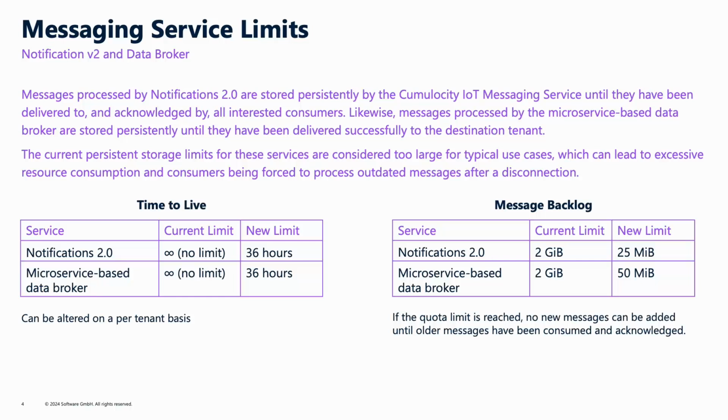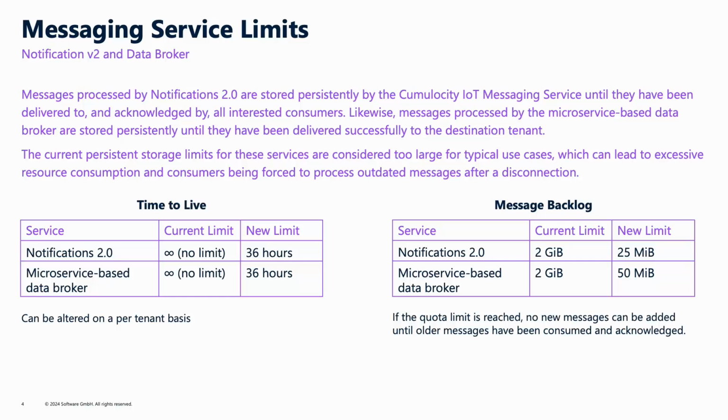Time to live. So this means that if messages are not consumed by the consumers in 36 hours, they will be deleted. And the message backlog has been altered from 2 gigabits to 25 megabits, and then on the microservice-based data broker to 50 megabits.